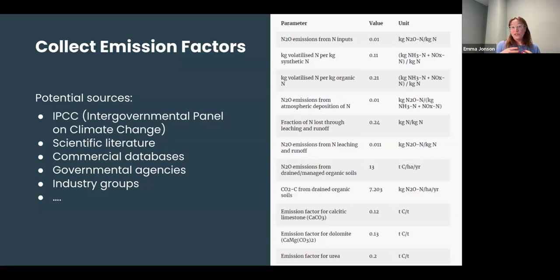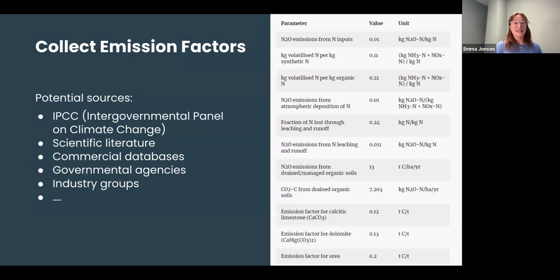In other cases, you can go directly to the source. What the IPCC does is gather and collect the whole range of scientific knowledge and compile that. But you can of course also go directly to the source of this in the scientific literature. You could use commercial databases.